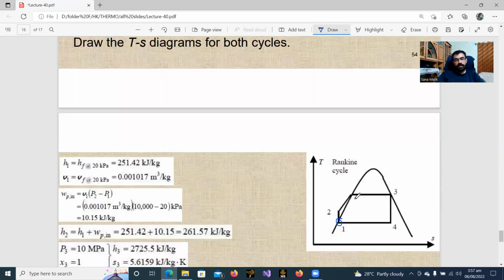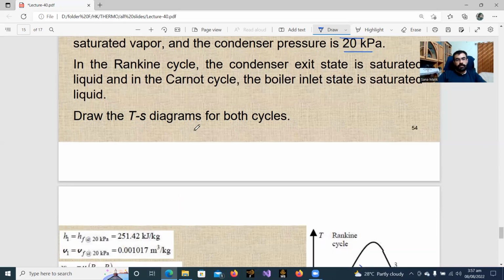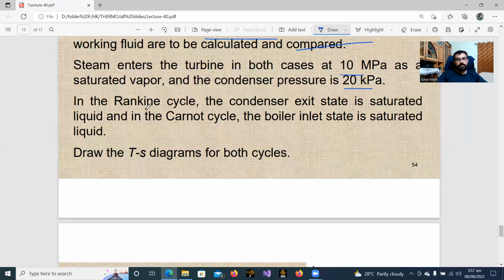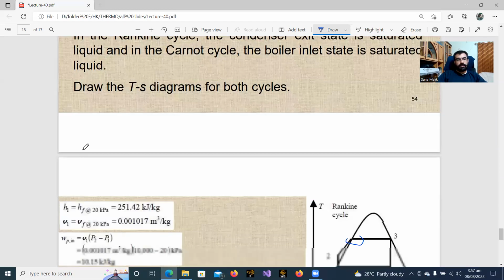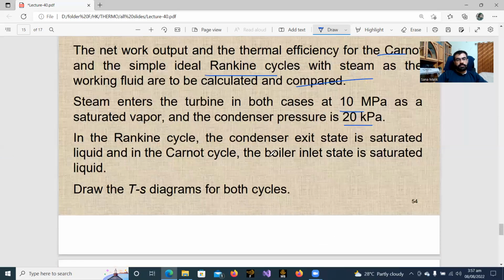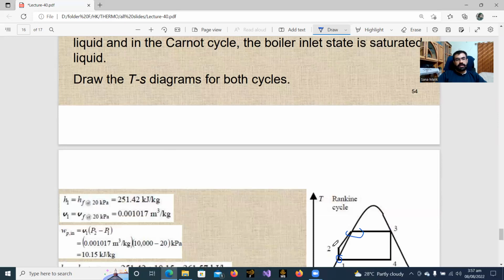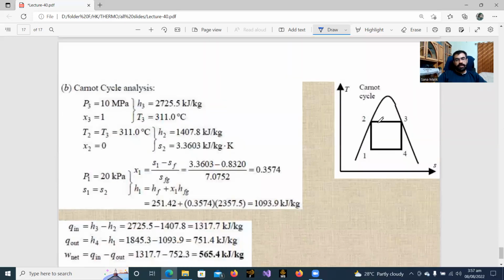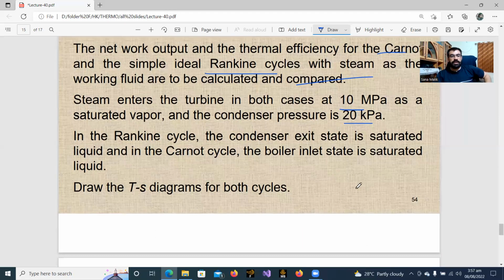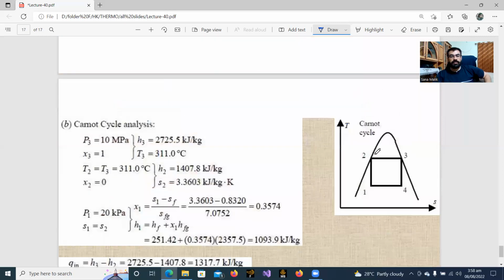This is the Rankine condenser exit. And in the Carnot cycle, the boiler inlet is saturated liquid.